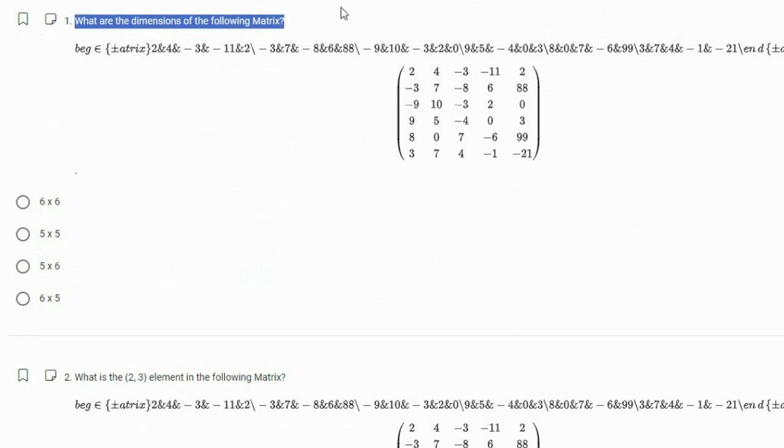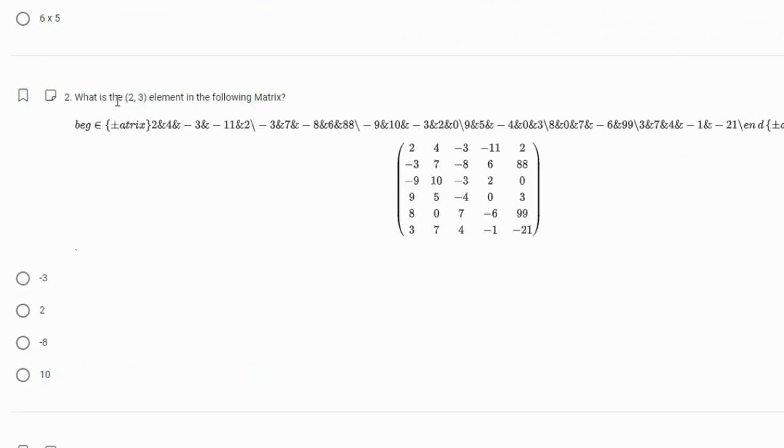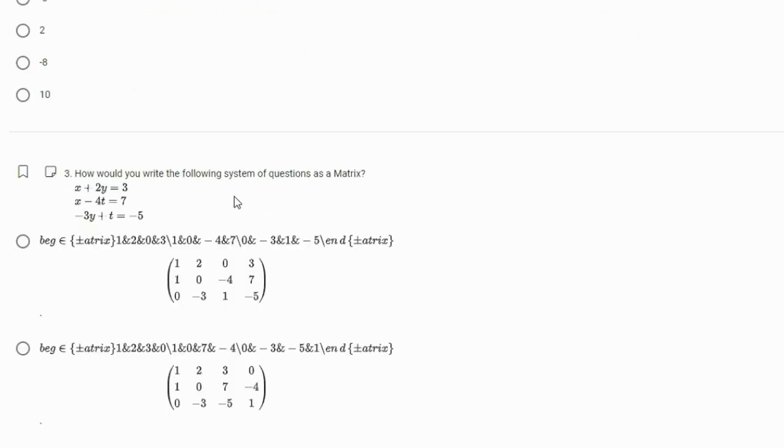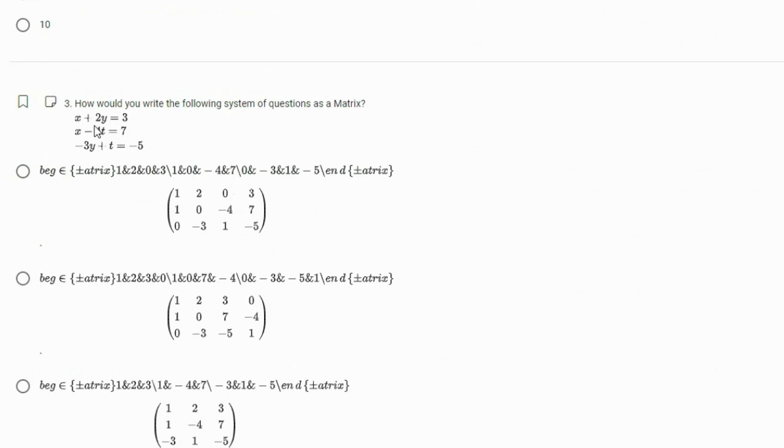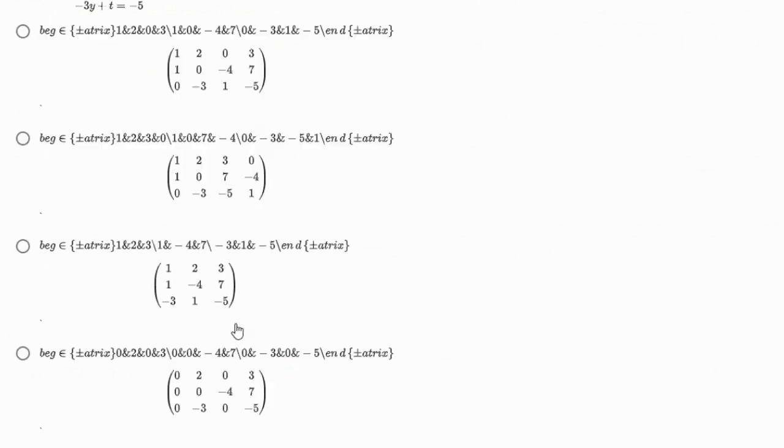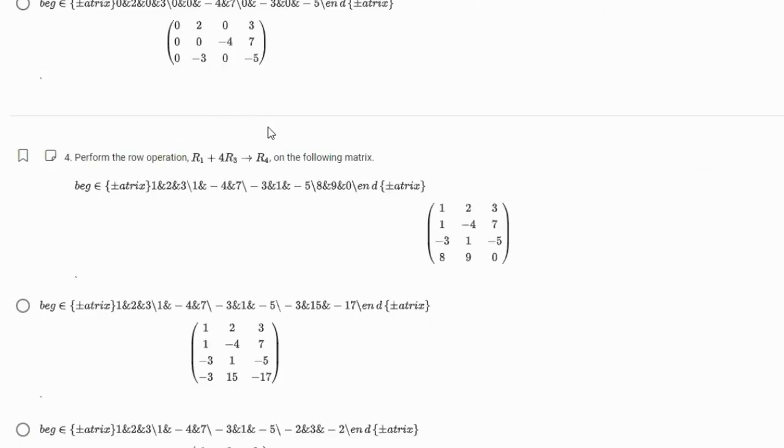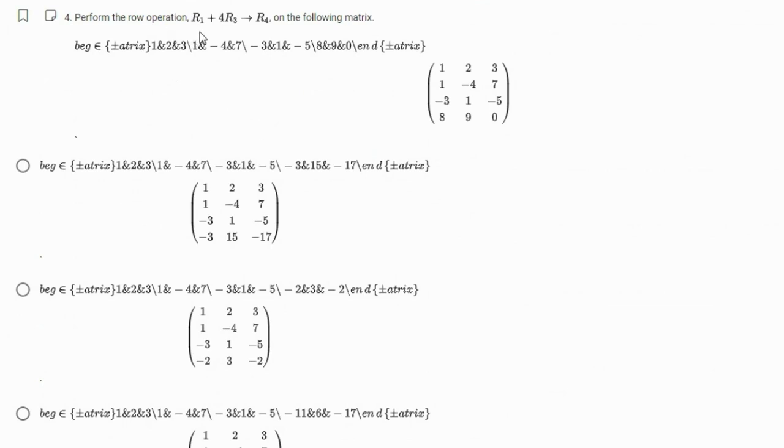What are the dimensions of this matrix? That's a big one. What is the 2, 3 element in this matrix? Multiple choice. How would you write this system of equations as a matrix? Multiple choice. Perform this row operation. R1 plus 4R3 becomes R4.